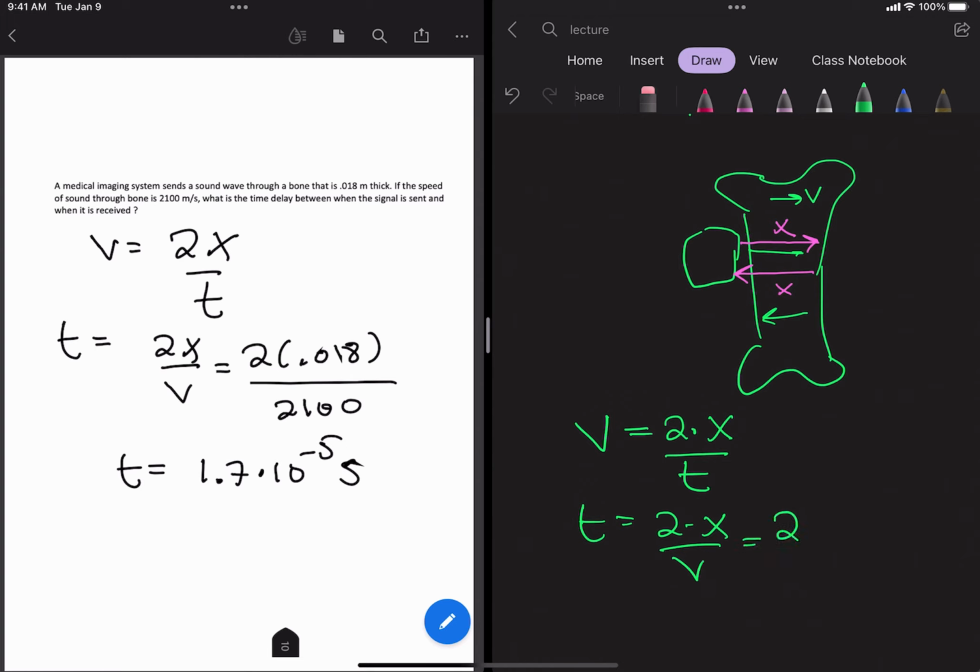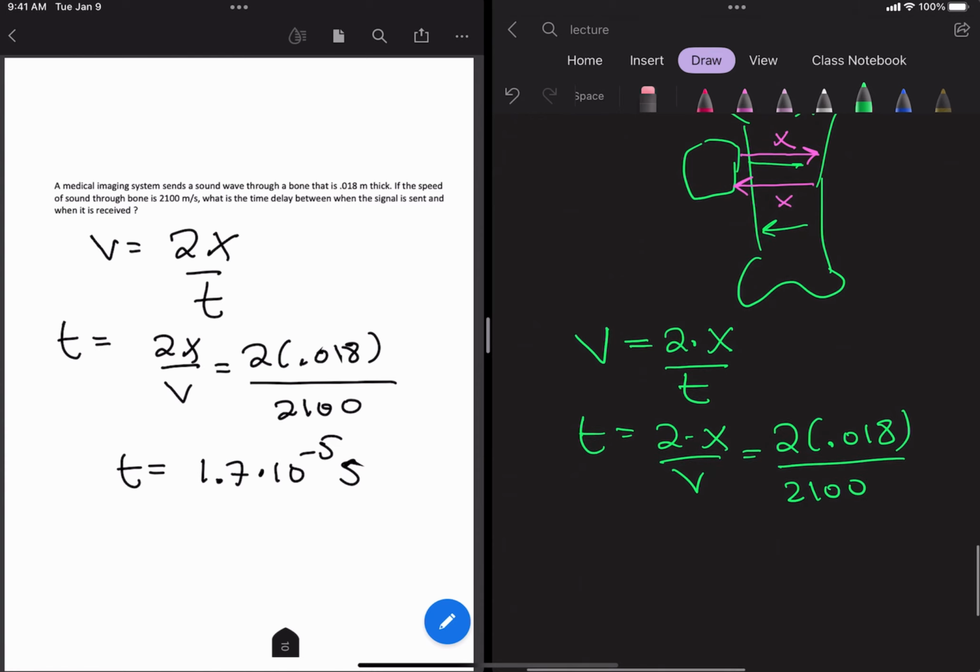So that's going to be 2 times the thickness of the bone, 0.018, divided by the velocity, which is 2,100, and that's going to give you a time of about 1.7 times 10 to the minus 5 seconds, or I guess 17 microseconds.